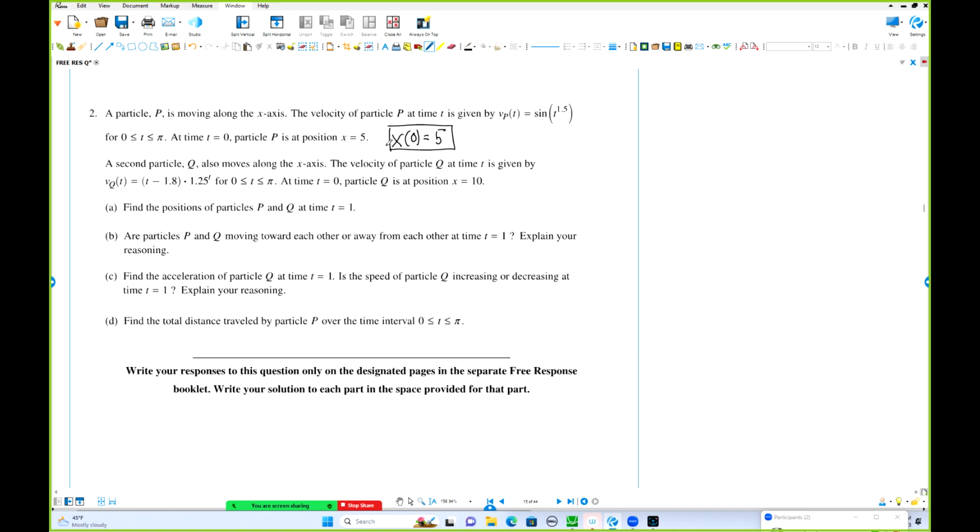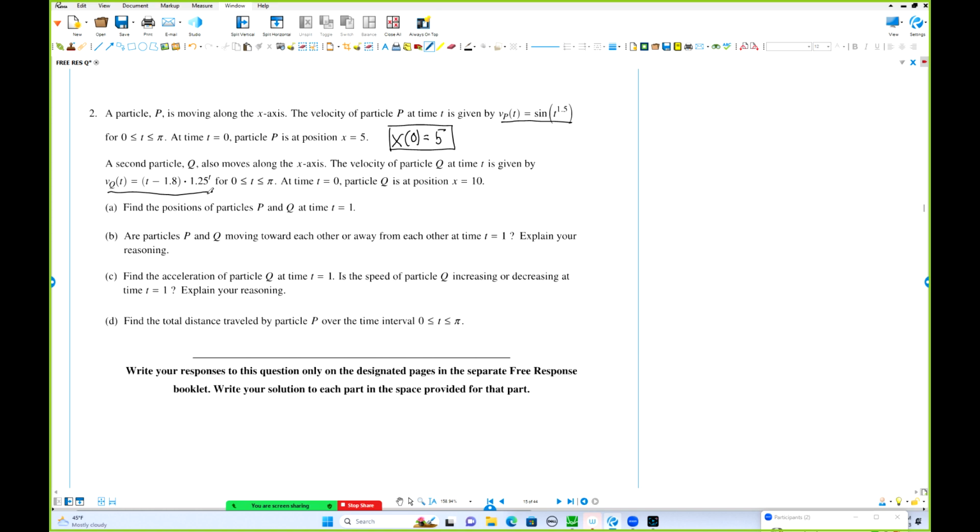Another particle Q moves along the x-axis, and the velocity of particle Q at time t is given by this one. This is particle P, and particle Q over here, but this is more complicated.